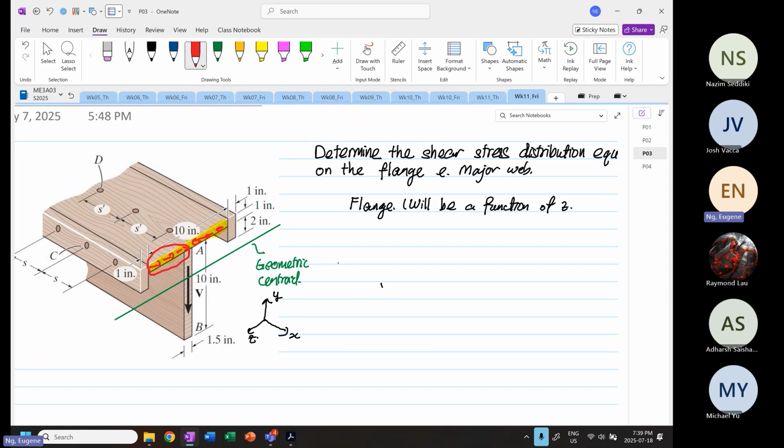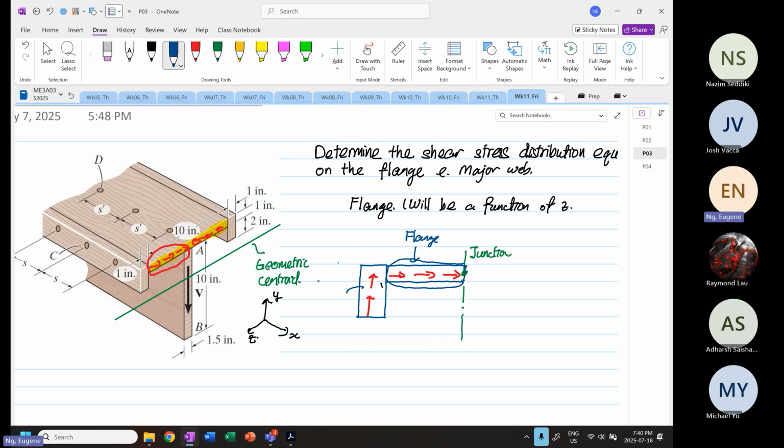If I'm going to just draw half of this figure, remember at this point down here, this is our junction, right? The shear flow goes this way, and then it goes to here. Over here, this part is known as our flange.